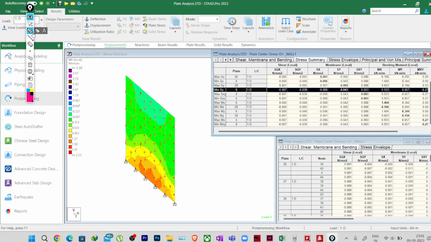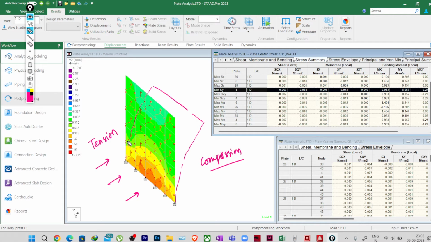See, we applied load from this direction. We expect that the wall will be bending like this, right? So the outer face will be under tension and the inner face will be under compression. And obviously as it is a cantilever wall, the tension value will be higher in the outer face, right?